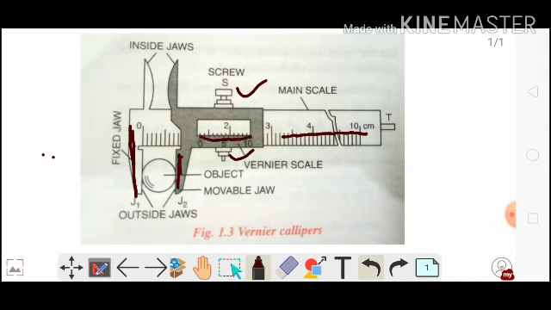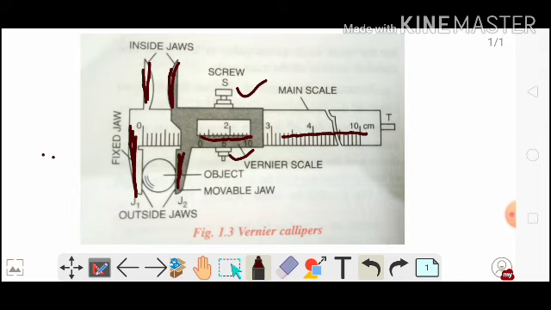This is the main scale, the regular scale that we use in our geometry boxes, that has a minimum division of 1 millimeter. And these are the two jaws, the fixed jaws, and these are called the inside jaws. So what is the function of the jaws?